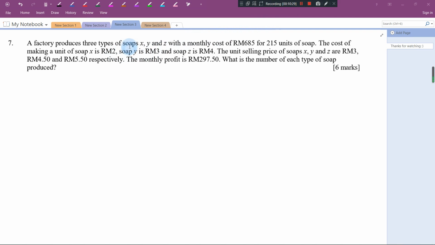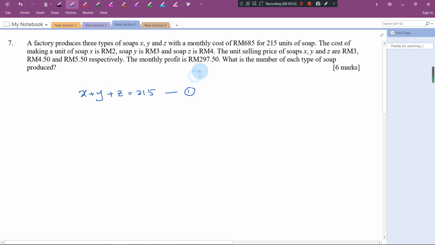I let the number of soap X be x, the number of soap Y be y, and the number of soap Z be z, so it will be easier for me to calculate. Total is 215 units, which means x + y + z = 215.